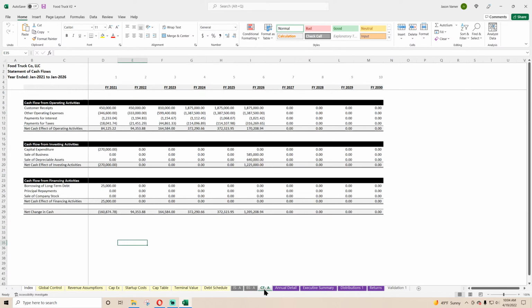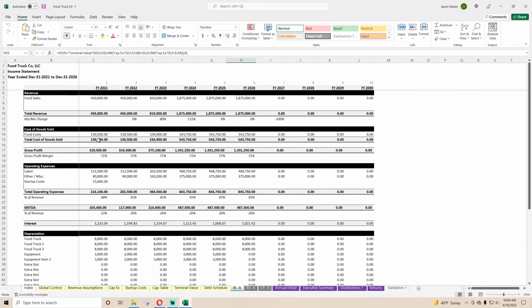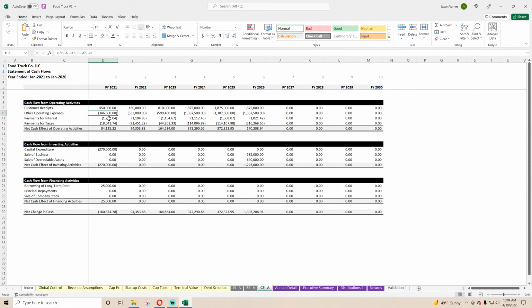Okay, let's go. So income statement, let's go to cash flow. So revenues, that's good. Other OPEX is C15, C25. Yep, that's good. And we've got interest and taxes. Okay, CapEx.